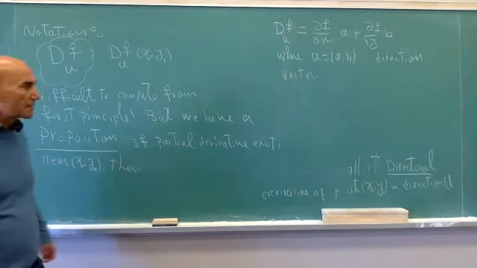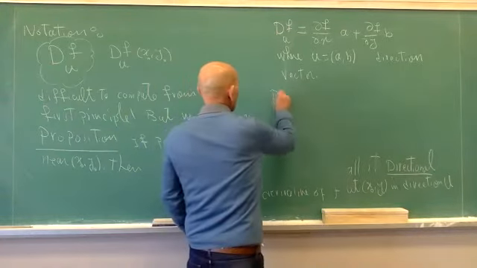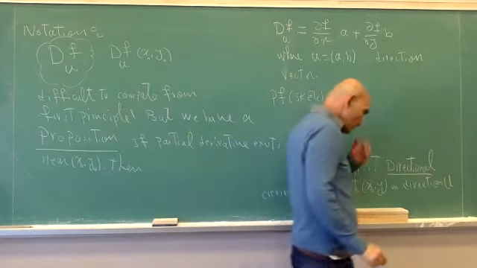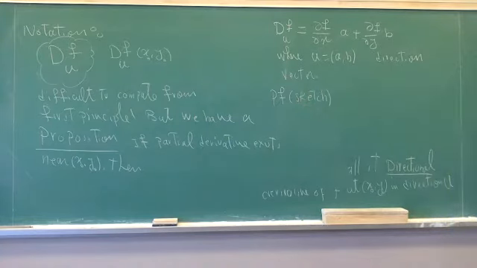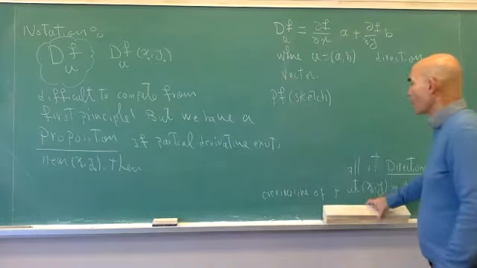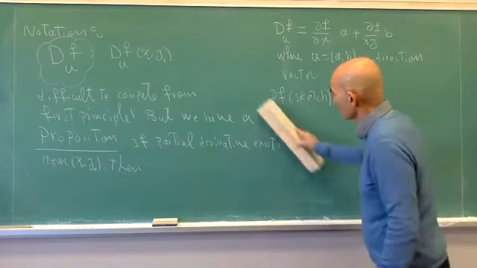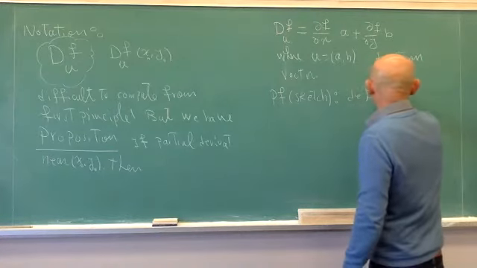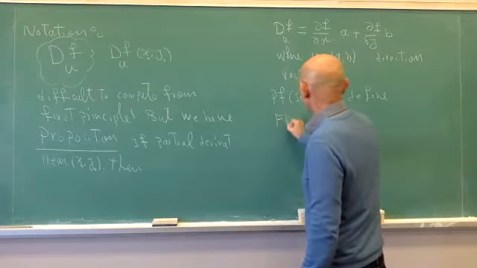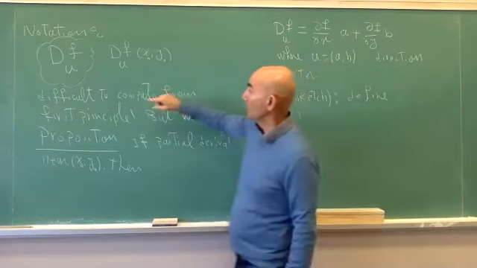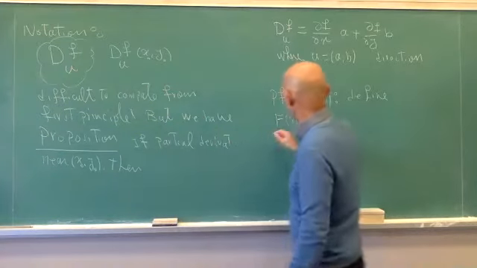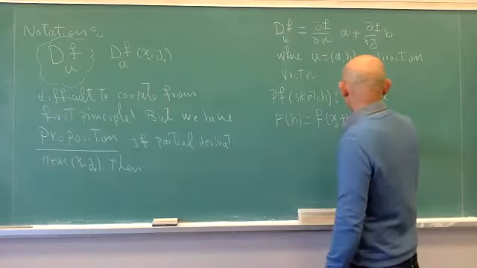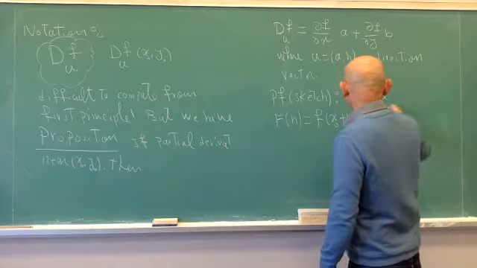So how can we prove this? Let me give a sketch of the proof to you. What we can do is form a function, say capital F of h. This is capital F; that one is small f. Remember, F of h is equal to f of x0 plus ha and y0 plus hb, right?